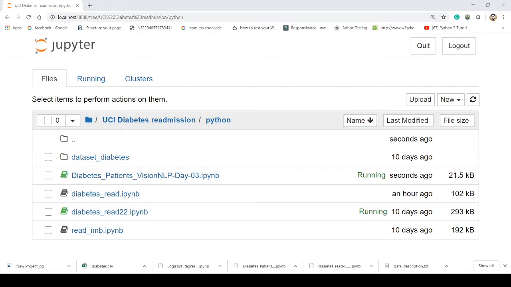Can you please send me a comment if you are able to see my Jupyter notebook? Are you guys able to see my notebook?